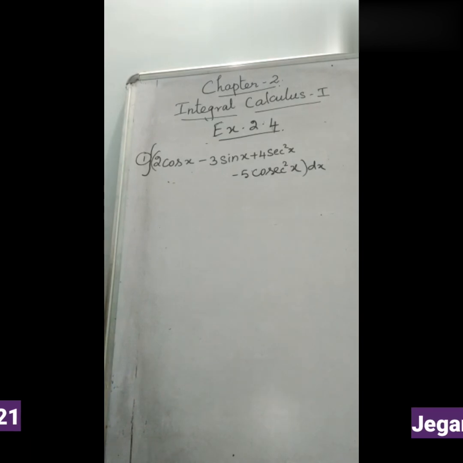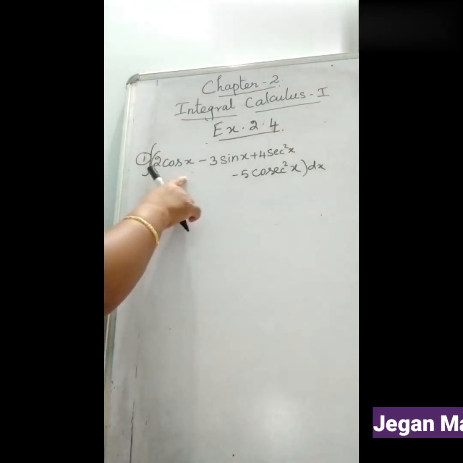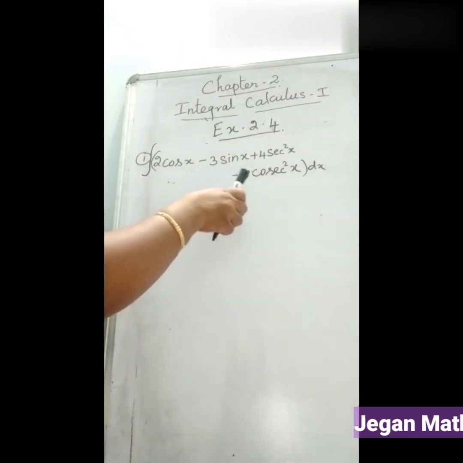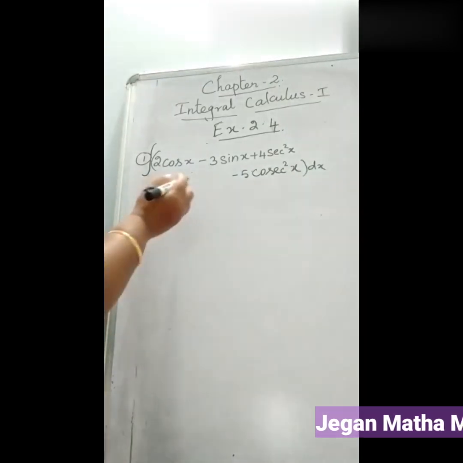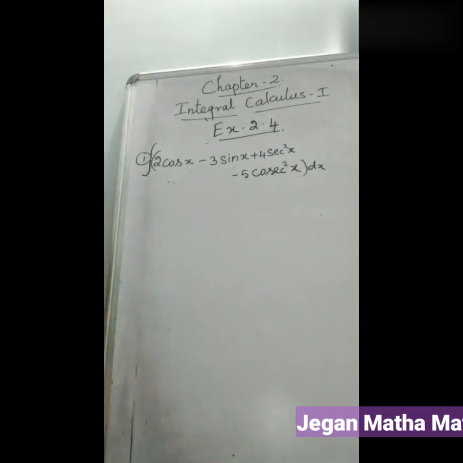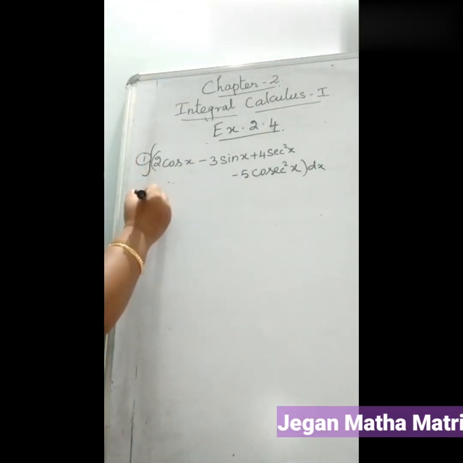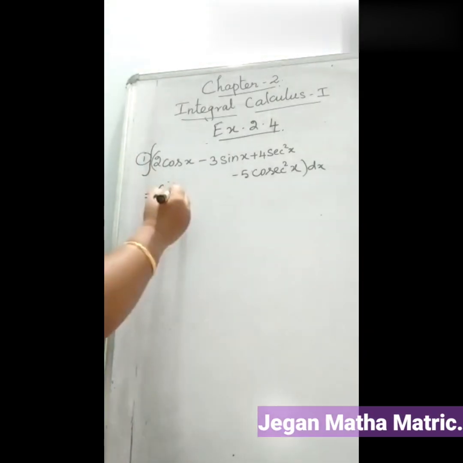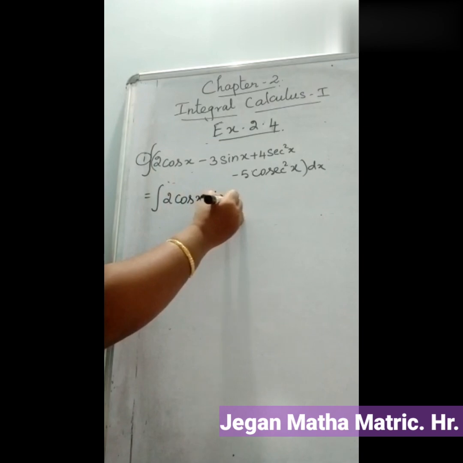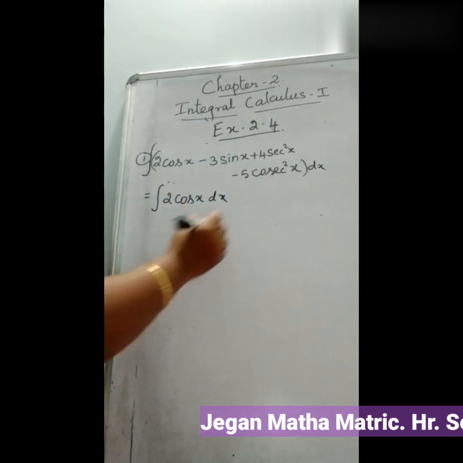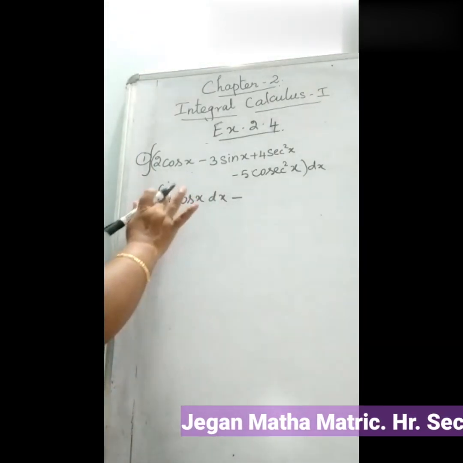Let us see some sums in exercise 2.4. Integral of 2 cos x minus 3 sin x plus 4 secant squared x minus 5 cosecant squared x into dx. We have to split into separate terms: integral of 2 cos x dx, and the constants come outside.